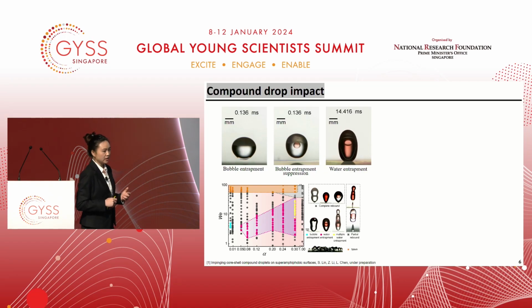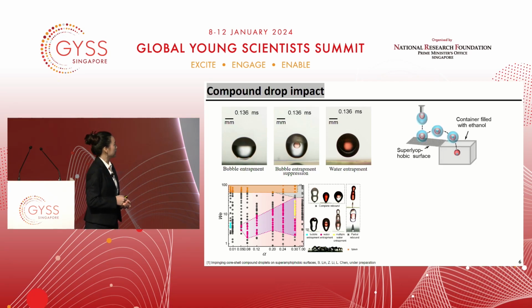With an understanding of the conditions for each impact phenomenon, we can control the impact outcome and take advantage of each phenomenon. For example, based on the water entrapment inside the oil core, we proposed a new method to produce micro-sized compound droplets, as shown in this figure. Before impact, the compound droplet is double layered, but after impact, it is 3 layered.